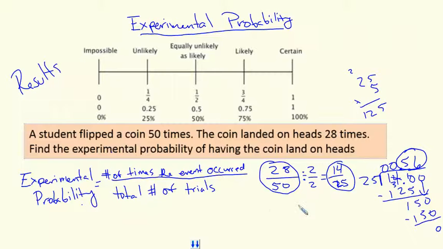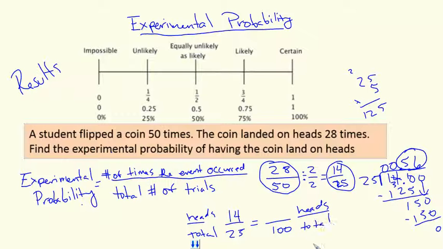And let's also go ahead and write this probability as a percentage. So I'm going to just convert my fraction into a percentage. I'm going to set up a proportion. So 25 represents the total number of trials. 14 represents how many times it landed on heads. So I'm trying to see how many times would it land on heads out of 100 total trials.